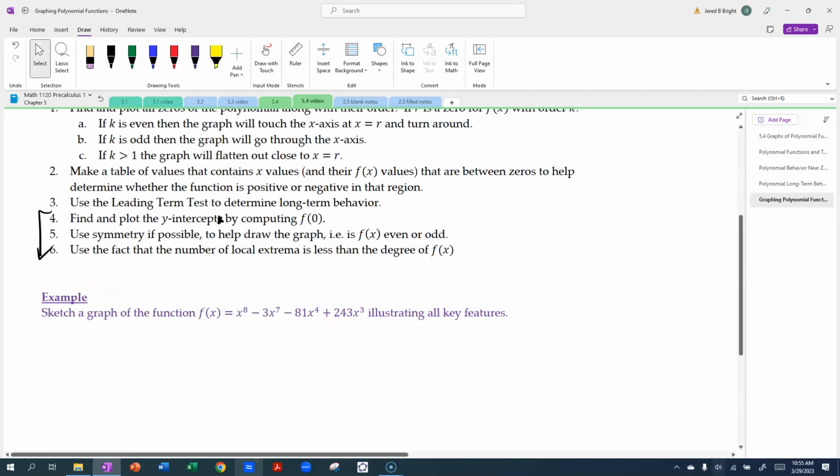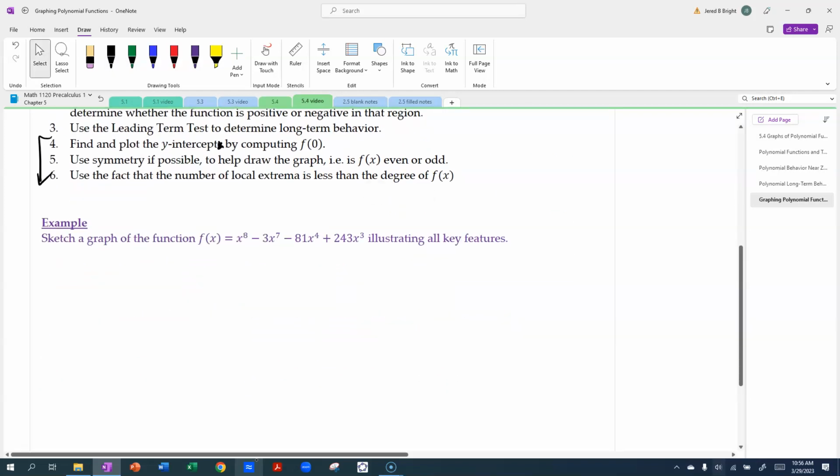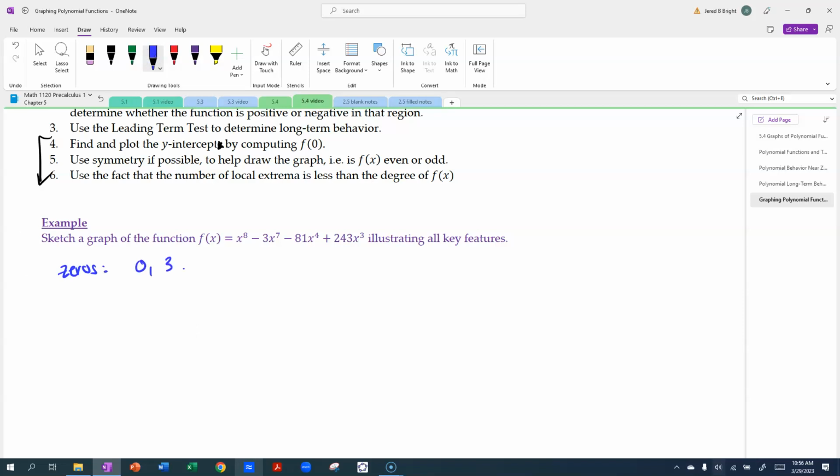So here we go. Just to recap, we've already done all the different pieces, but we need to assemble them. We have the zeros previously found as 0, 3, and negative 3, and their orders were 3, 2, and 1.